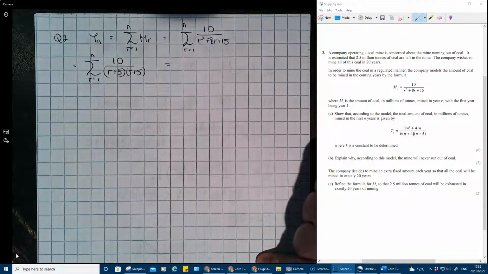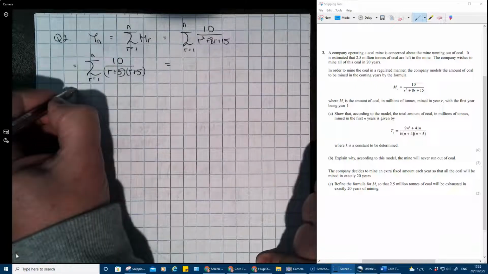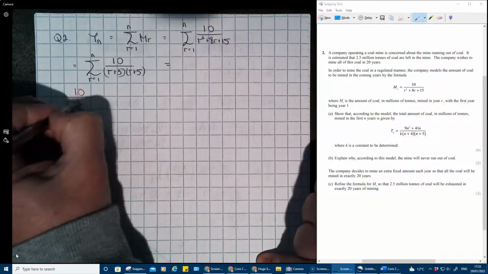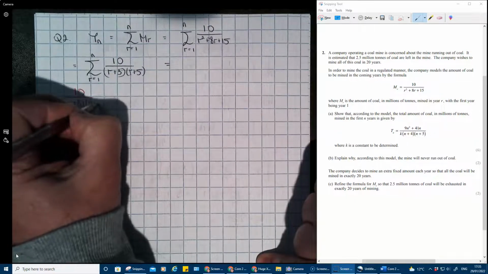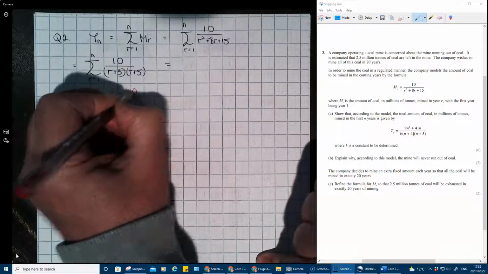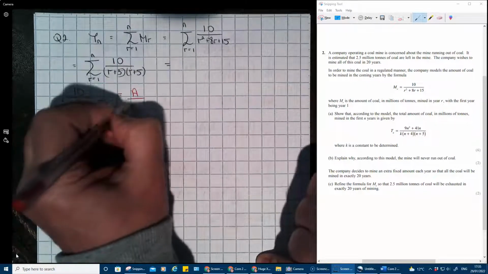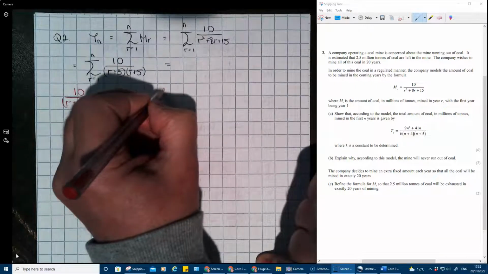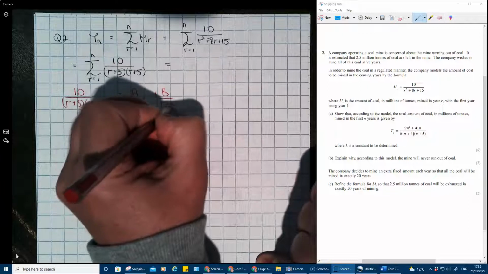So let's do a little aside. We've got 10 over (R plus 3)(R plus 5) equals A over R plus 3 and B over R plus 5.